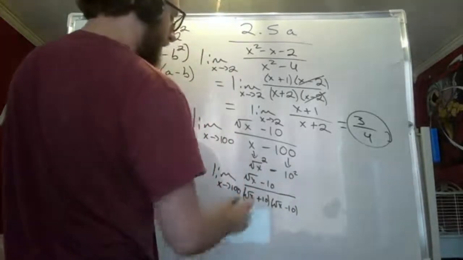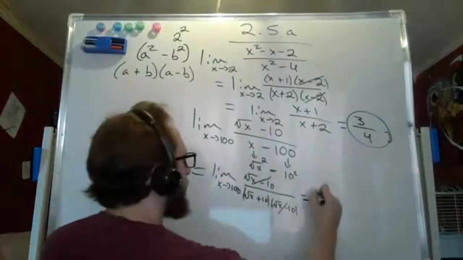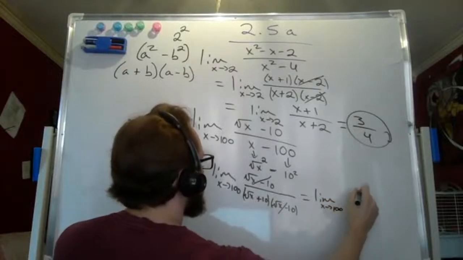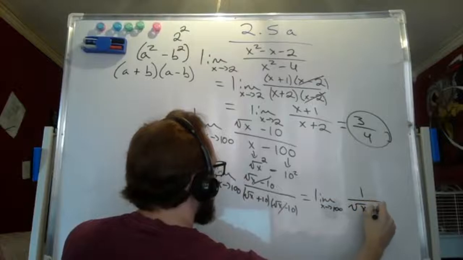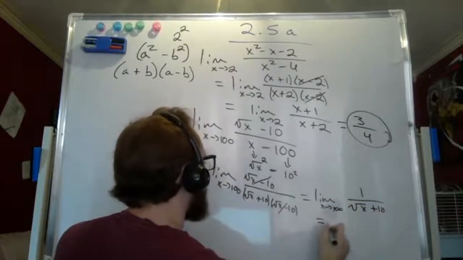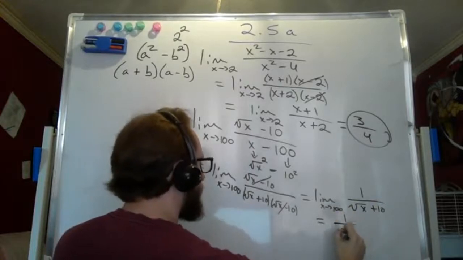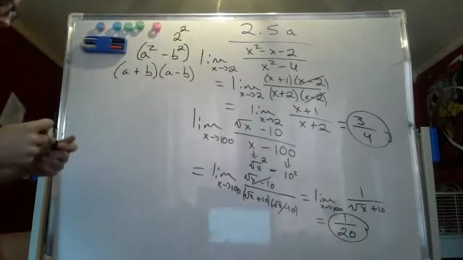Now I can cancel like terms, and I'm really just looking for the limit as x goes to 100 of 1 divided by the square root of x plus 10. The square root of 100 is 10, 10 plus 10 is 20, and so our final answer is 1/20th. And there you have it.